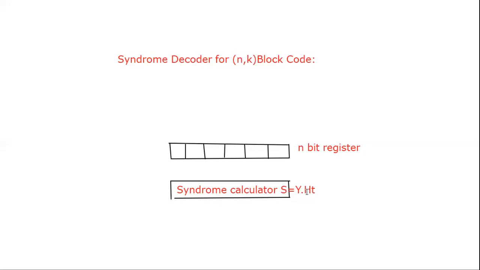Here I want to take S is equal to Y into H transpose, that's why Y1, Y2, Y3, Y4, up to Yn.